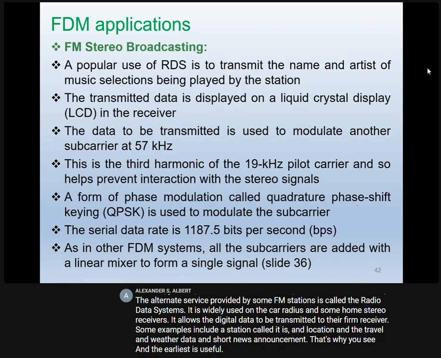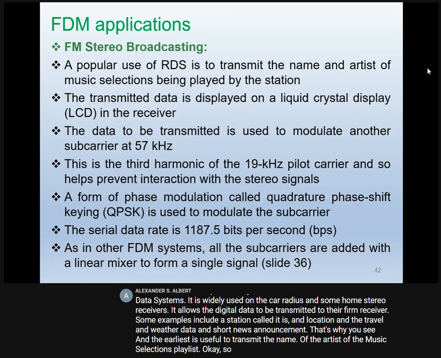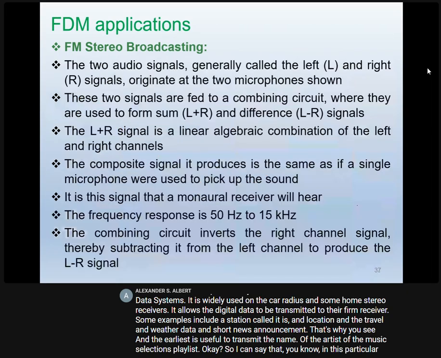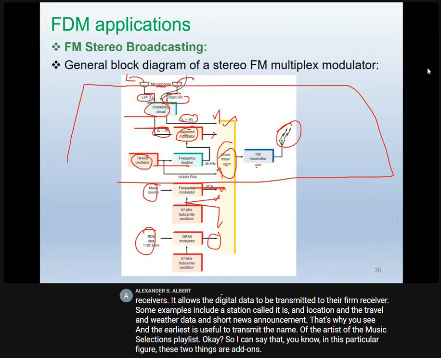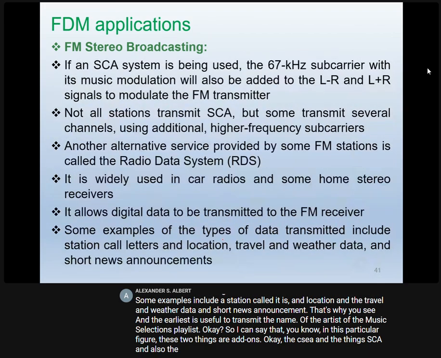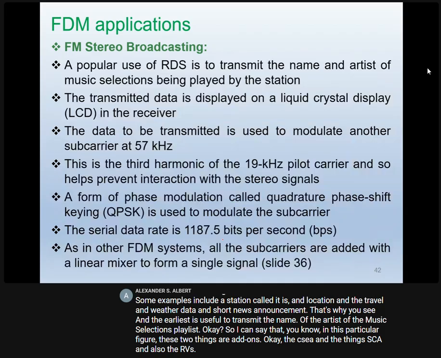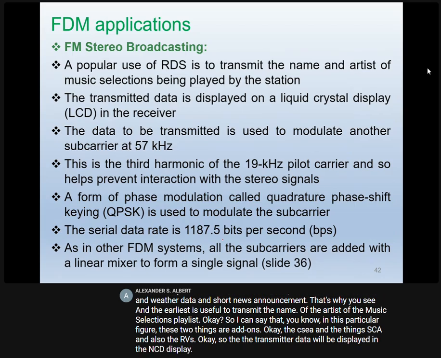RDS is also useful to transmit the name of the artist of the music selections played. So in this particular figure, these two things, SCA and RDS, are add-ons. The transmitted data will be displayed on the LCD display, so the data to be transmitted will take another position.